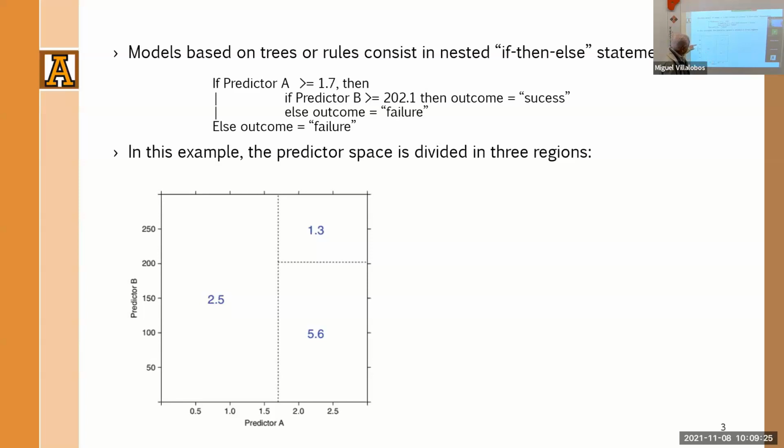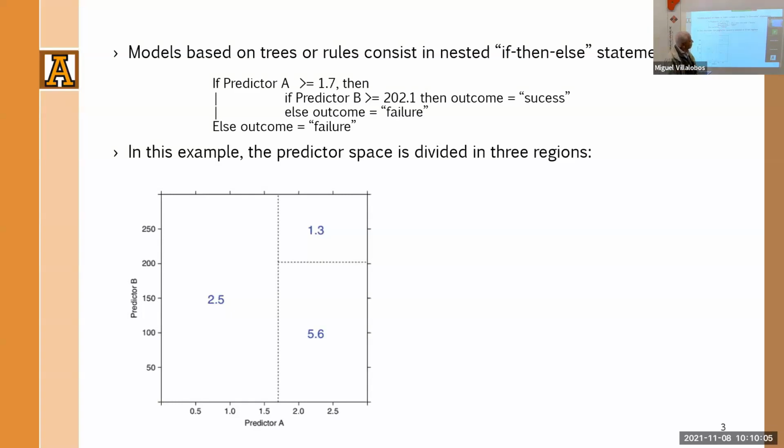Example here, it's saying if predictor A is greater than or equal to 1.7, so we're on the right side of this. We split here the value for predictor A. Then, if predictor B is greater than or equal to 202.1, that'll be this boundary here, 202.1, I go the first route, it's a success.